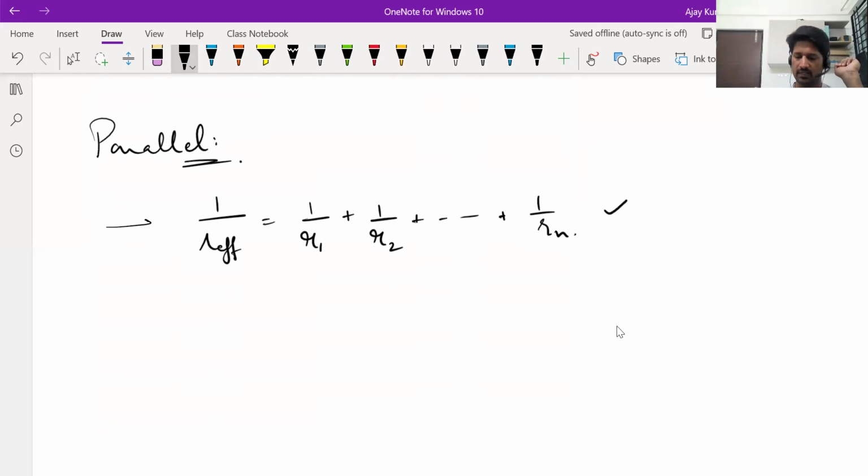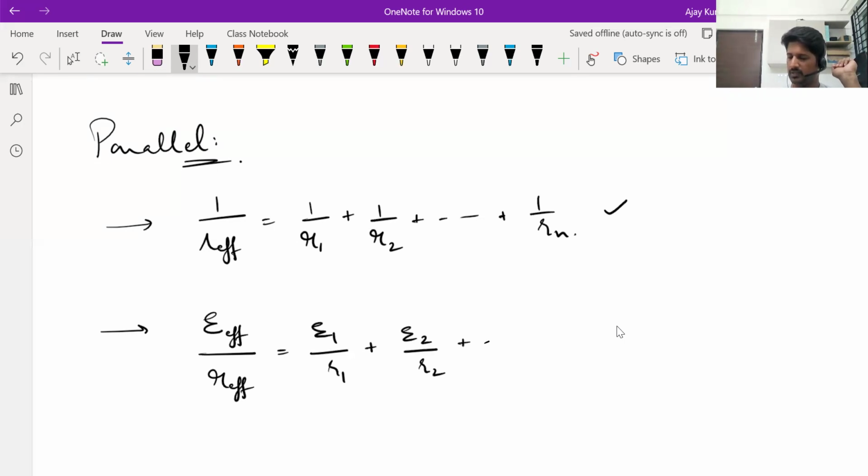Next thing you need is the effective EMF. For effective EMF, you get a formula like this. E effective divided by R effective becomes equal to E1 by R1 plus E2 by R2 plus so on, En by Rn. Again, I put a star here.